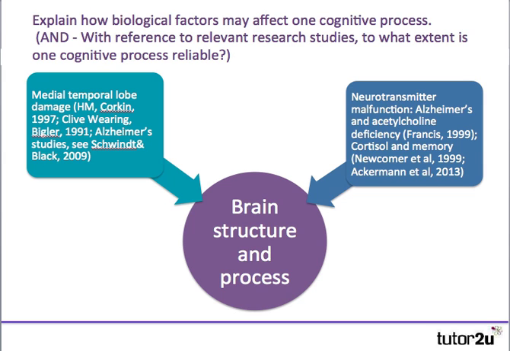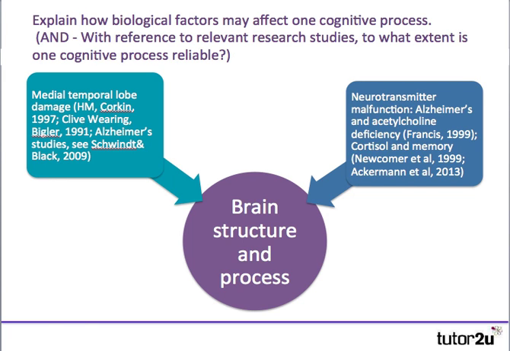And this can be used to answer 2 learning outcomes: explain how biological factors may affect one cognitive process. You have the medial temporal lobe damage, HM, Corkin's research, Clive Wearing, Maguire's research, Alzheimer's studies by Swaab and Black.